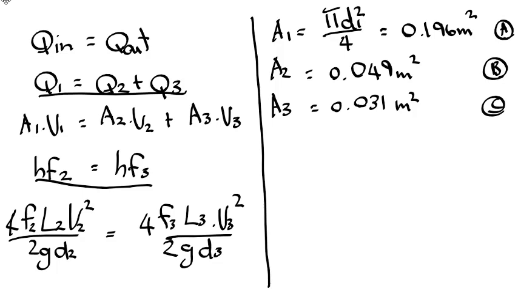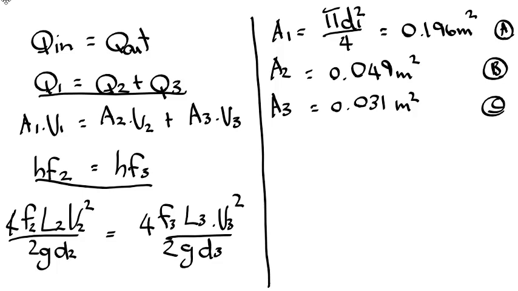So now you've got your areas. So we can now determine a relationship. Remember, we don't have the velocity in pipe 1, and also we don't have the velocity in pipe 3.